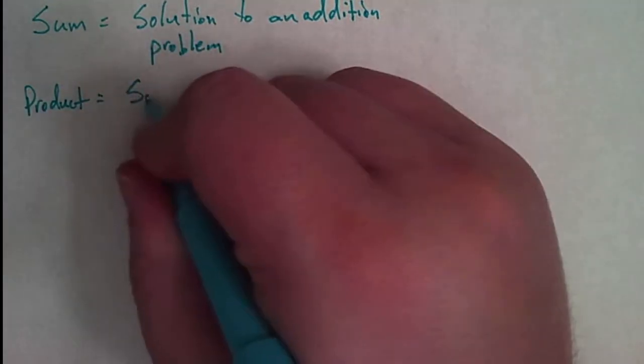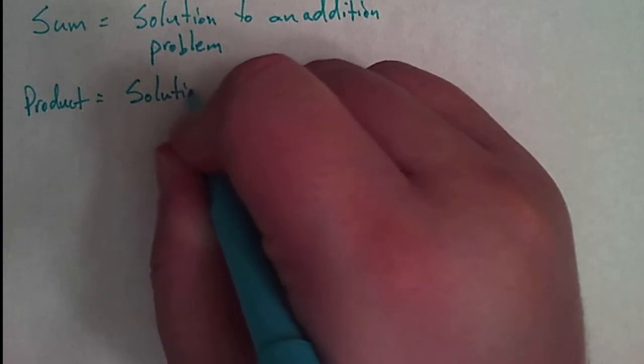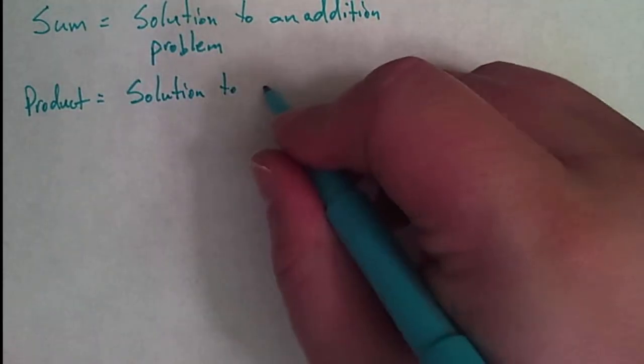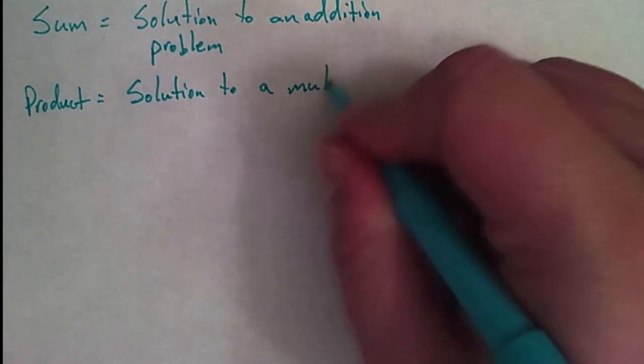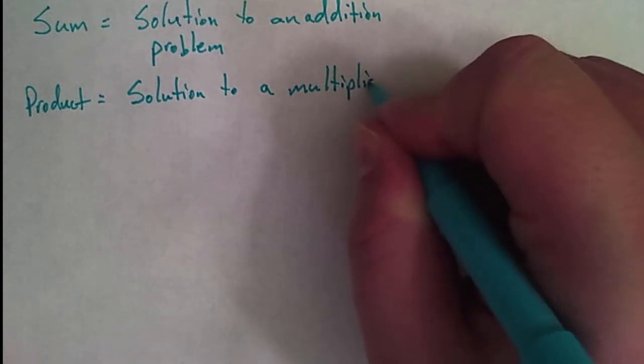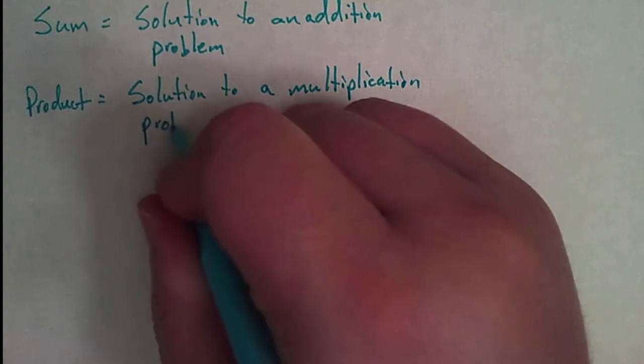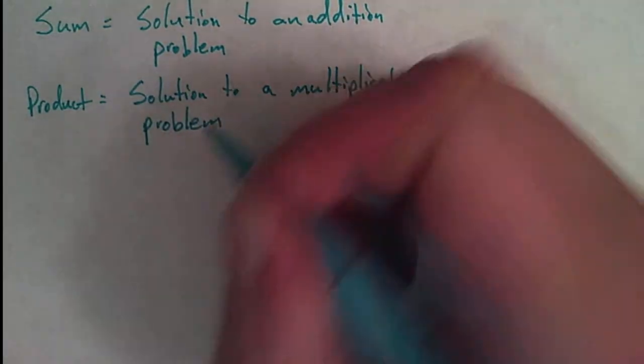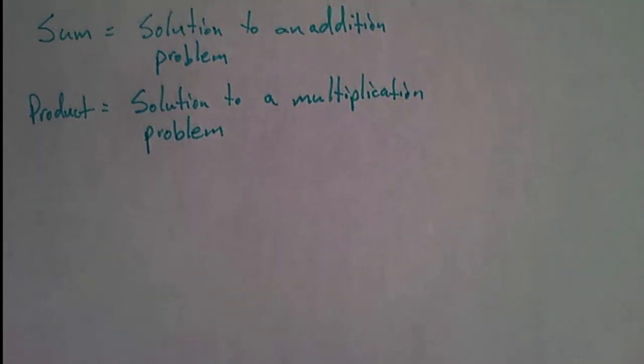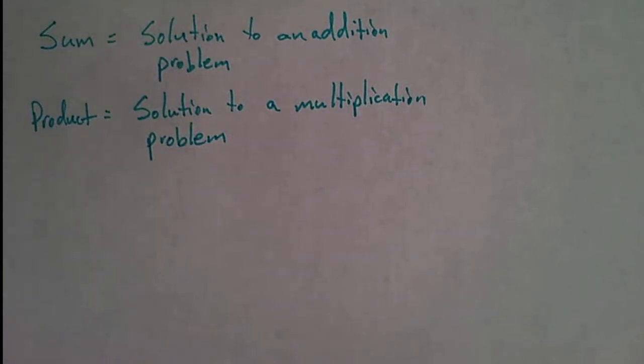That is the solution to a multiplication problem. All right. So just a couple of vocabulary words there. So there's some things we want to remember about adding and multiplying our positive and negative integers.